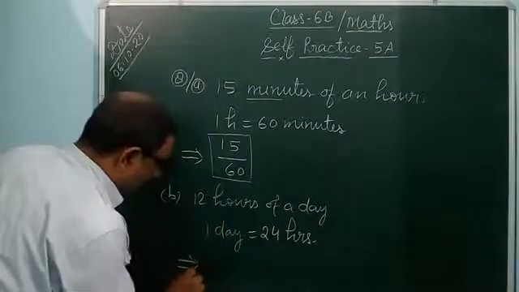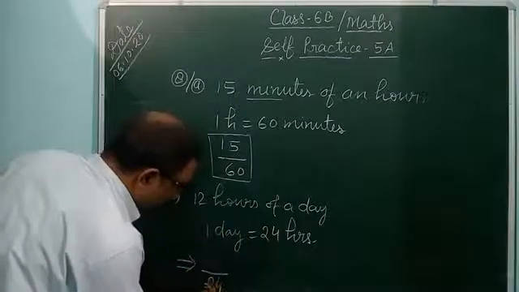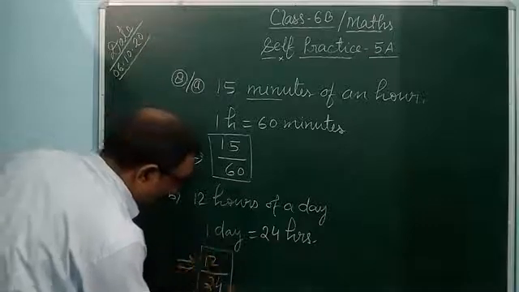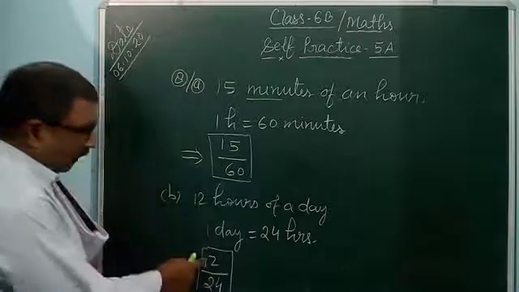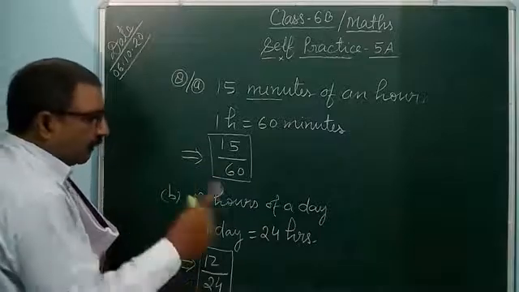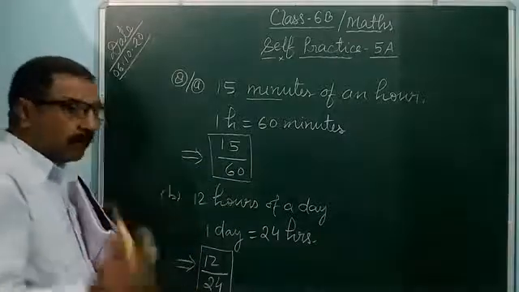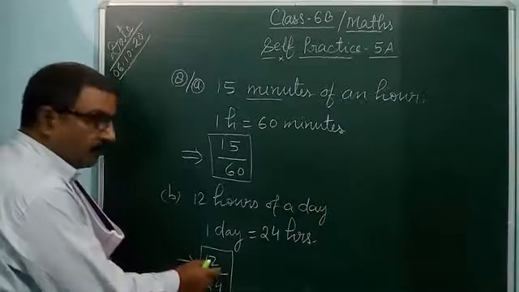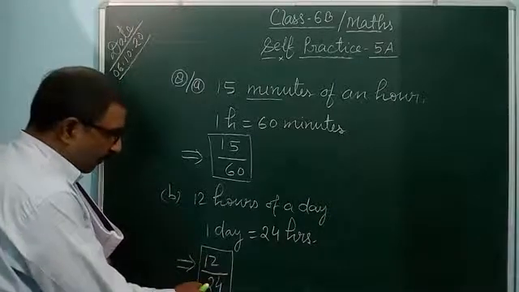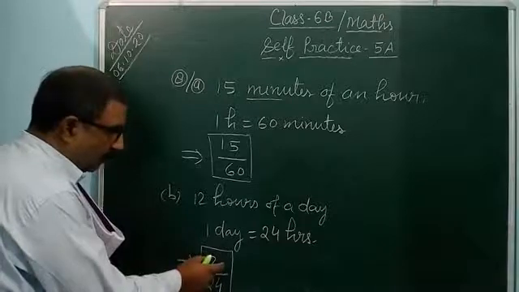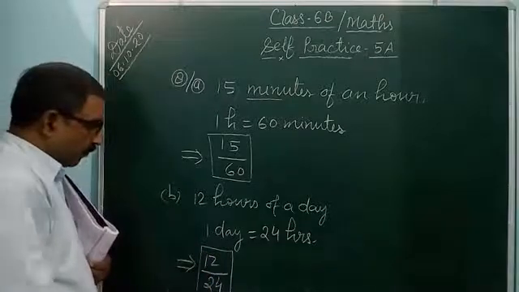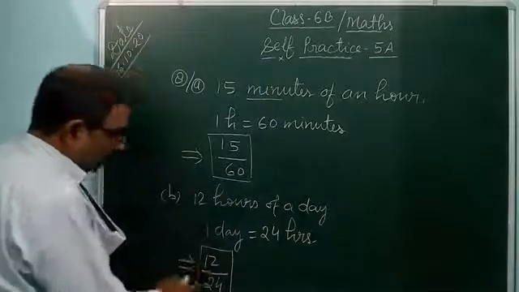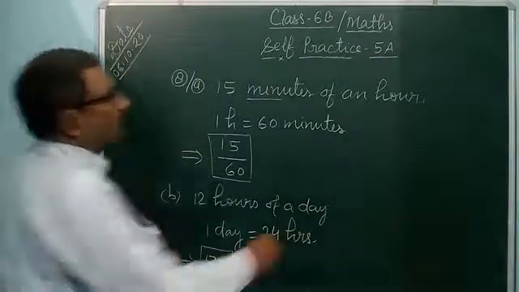It means you represent 12 hours as a fraction of 24 hours. So fraction will be 12 by 24, because in 1 day there are 24 hours. So out of 24 equal parts, you represent 12 hours. So 12 hours of a day means 12 by 24. In this way you can do.